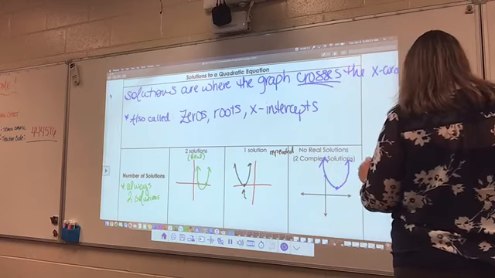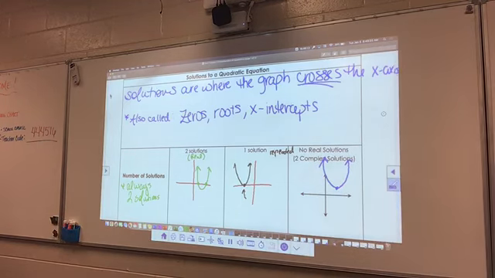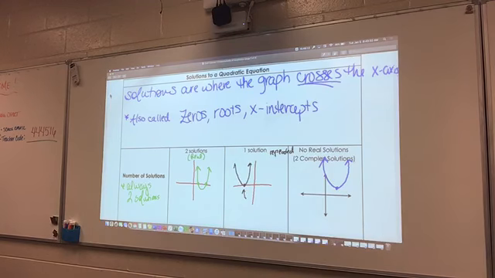Here you have your vertex. So this is where you have no real solutions. It's called complex solutions. This is where it does not touch the x-axis. Visually, I think those are easy to see, but algebraically, we're going to have to know how to understand them.